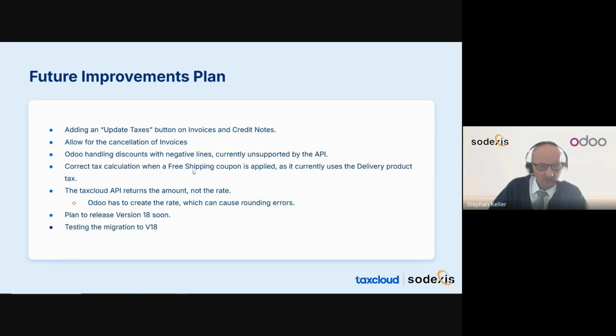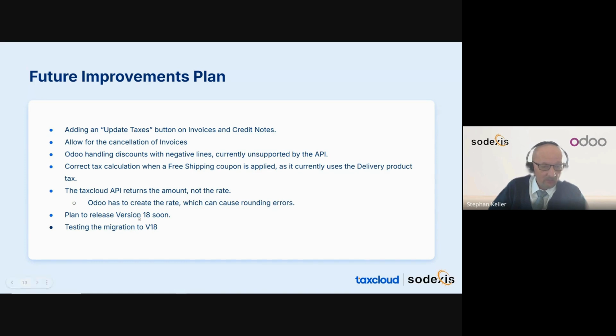Correct tax calculation when a free shipping coupon is applied. It's actually using the wrong taxes at this point, and we're planning to fix that. The TaxCloud API returns the amount, not the rate, as I explained. That means we have to reconstruct the rate, and we're working with TaxCloud to include the tax rate in the information they send back.